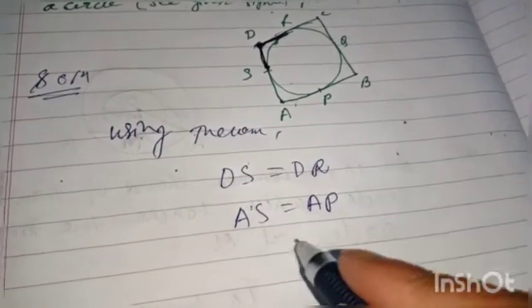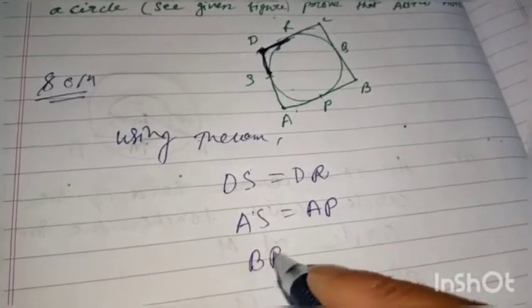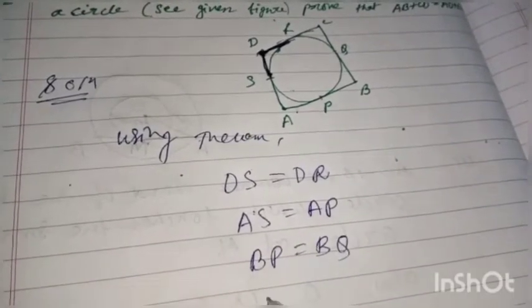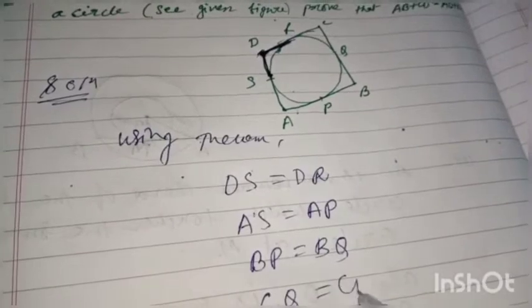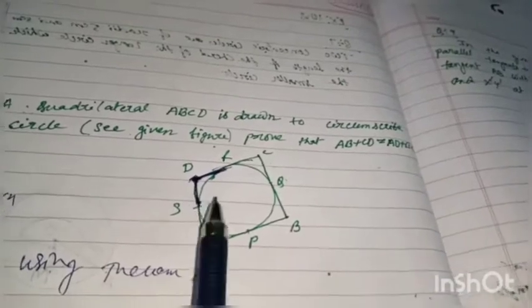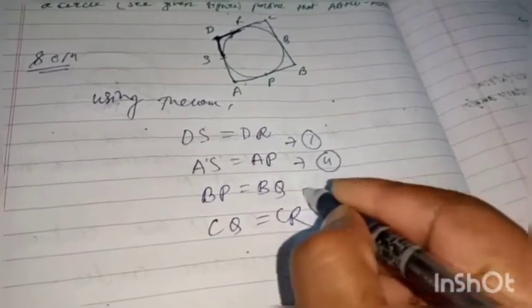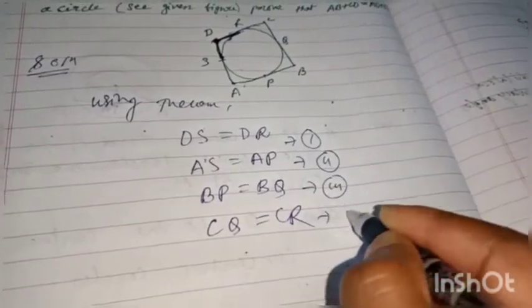Next, what can you write? BP is equal to BQ, and also CQ is equal to CR. So we got this. Now to prove AB plus CD, the sum of these two sides, is equal to AD plus BC, this is number 1, this is 2, 3, 4.